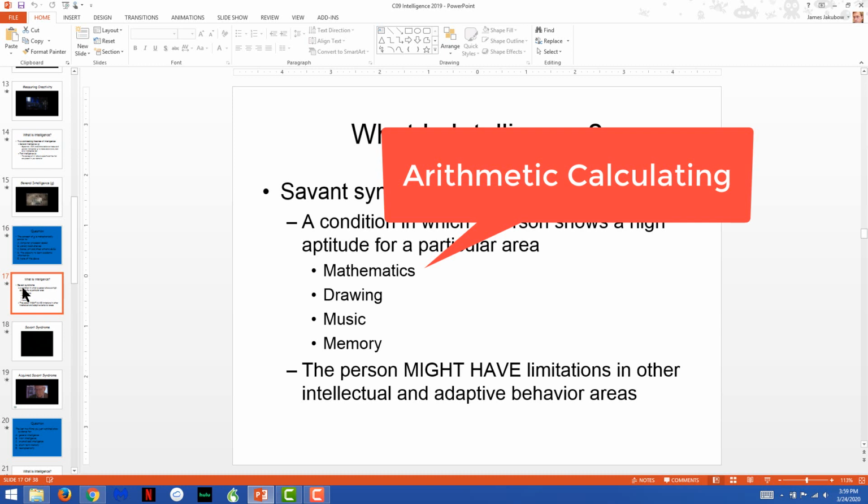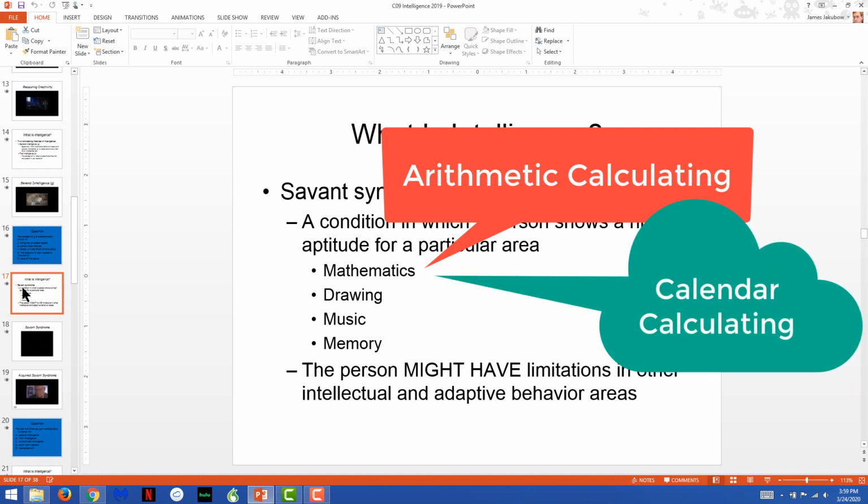The other component of a savant level skill in mathematics is calendar calculating. Notice that these are both aspects of calculating. In calendar calculating, you could ask a person such a vague question as, on what day of the week will St. Patrick's Day be in the year 4229? And they will immediately tell you it's going to be a Tuesday or a Thursday or some other such day.